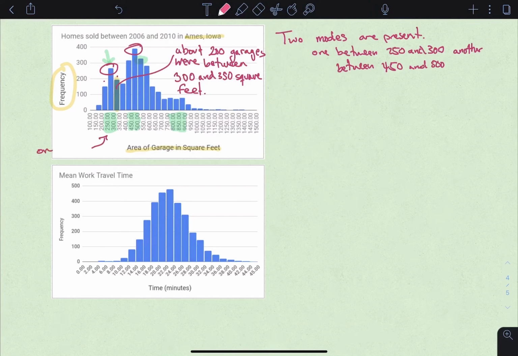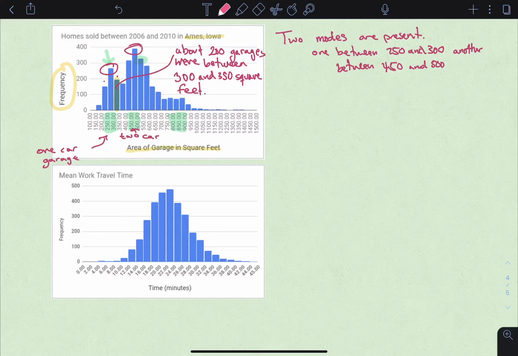And then you might have 3-car garages or something bigger than that. So there's a reason behind why this distribution would look this way. Sometimes you think about it ahead of time, and other times once you see the picture, you can go back and explain to yourself, oh, that makes sense.